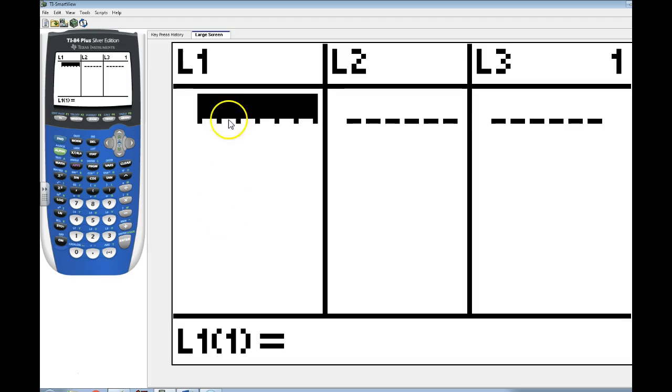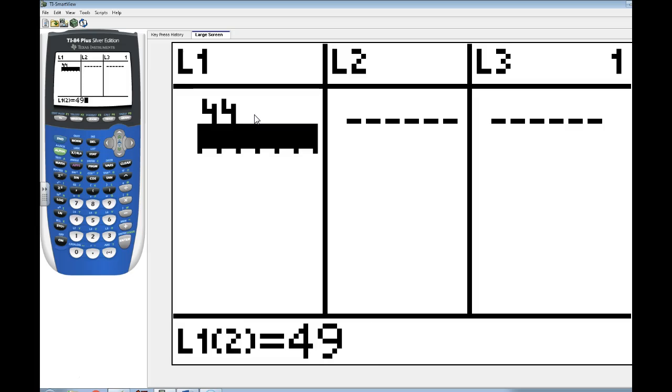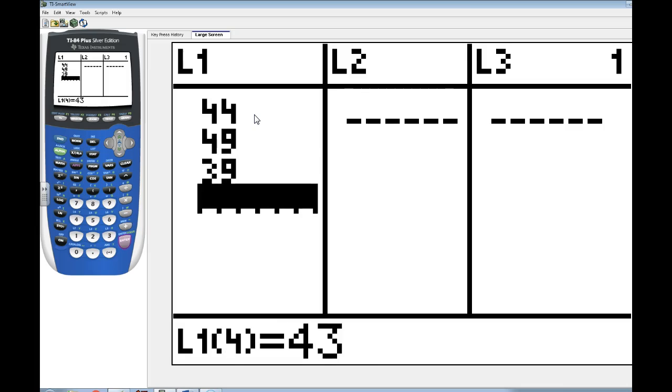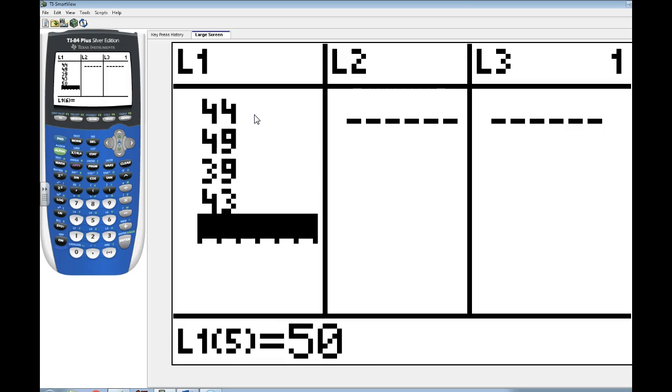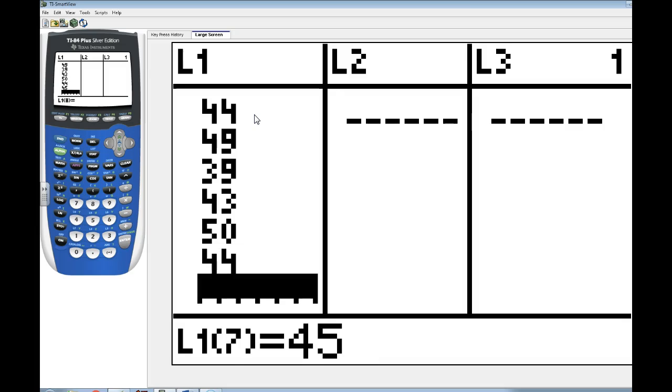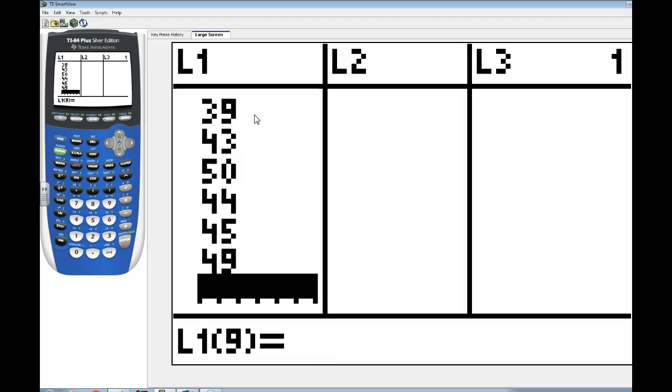Now I've got clean lists because I cleared the calculator. Let's put all our data into list 1. So here we go. 44, enter, 49, enter, 39, enter, 43, enter, 50, enter, 44, enter, 45, enter, 49, enter, 51, enter. So 9 pieces of data, yes, 9 pieces of data.